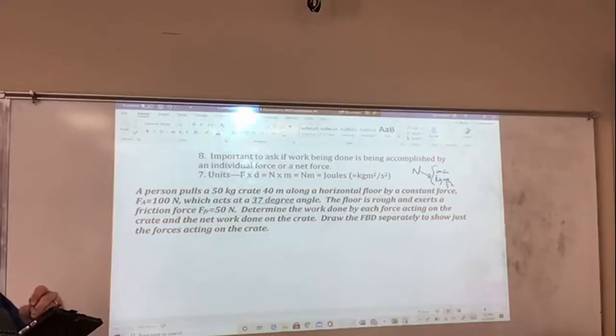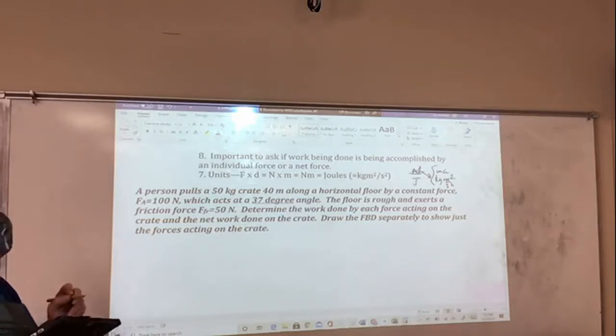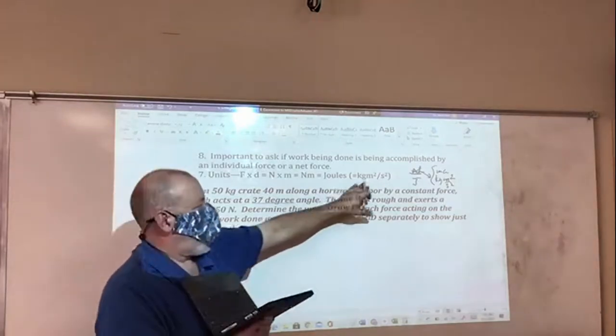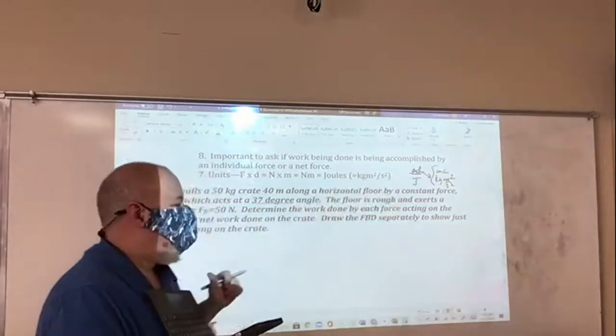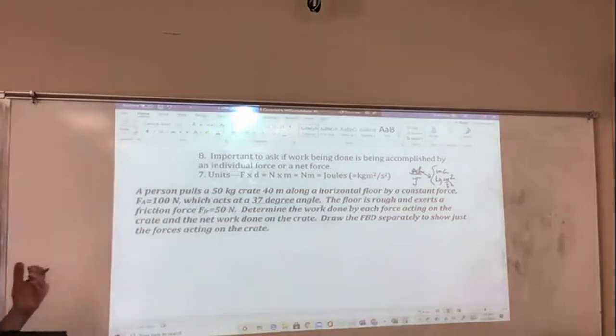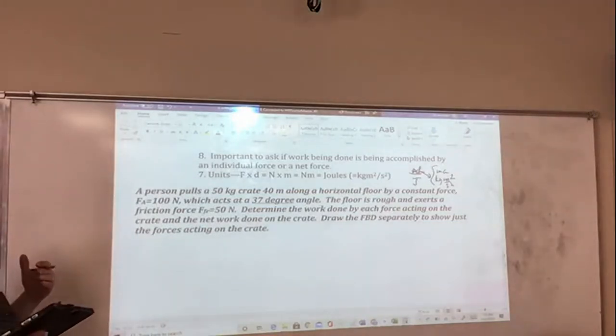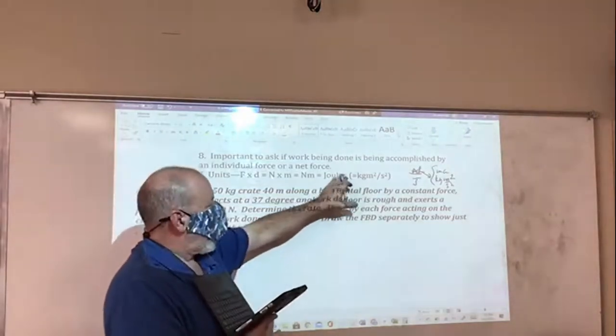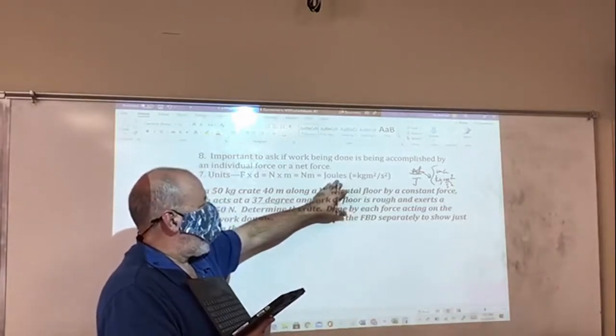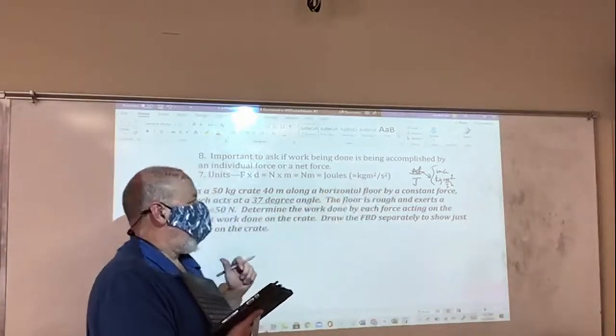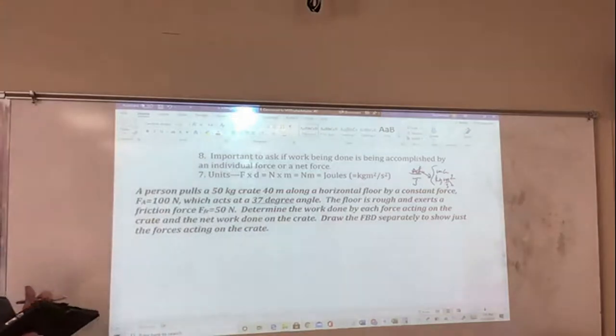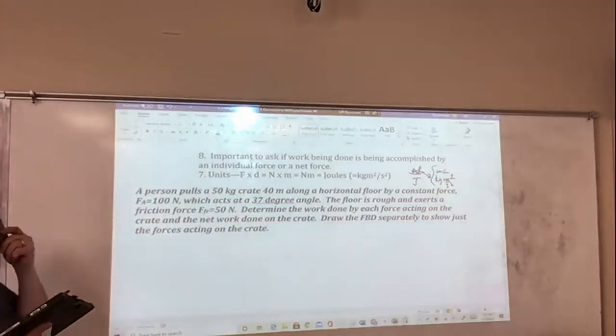Since joules are newton meters, if I add an additional meter there, joules are kilogram meters squared per second squared. It's nice that we have names for these things, but it's also important that we understand what the actual units are: kilogram meters squared per second squared.